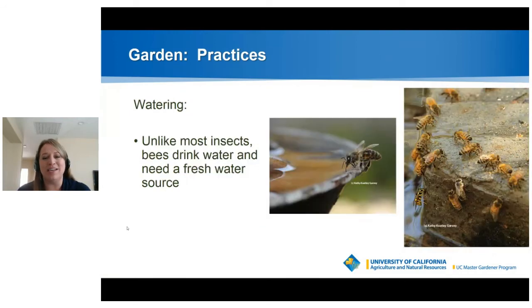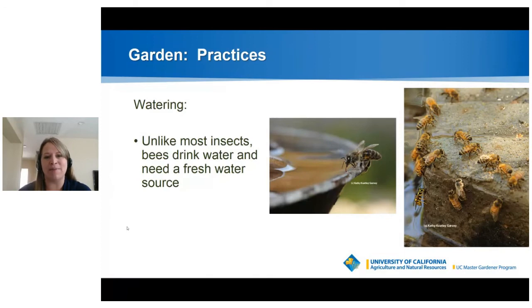All right, another really important practice is watering. We actually need to water our pollinators. Bees drink when they are out foraging. It's important to provide a fresh water source for bees. You can do this in a lot of different simple ways. In my own home garden, I have a glazed ceramic bird bath.